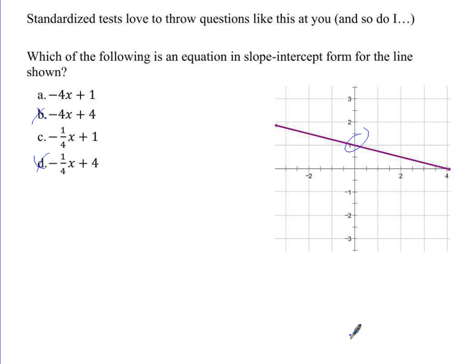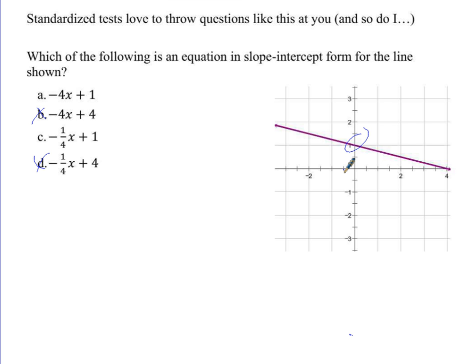So if I'm just looking at the graph and describing its steepness, which one's steeper, 4 or 1/4? 1/4. So if I'm looking at this graph, do I see a steep line or a shallow line? Shallow. So I'm kind of leaning towards the answer being C, negative 1/4 x plus 1. That is the answer.